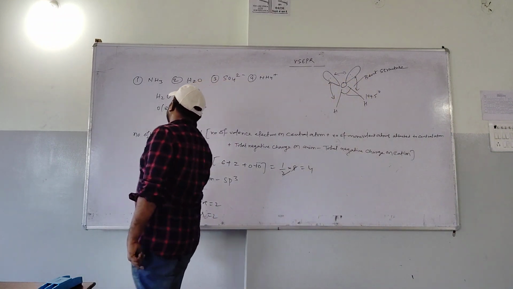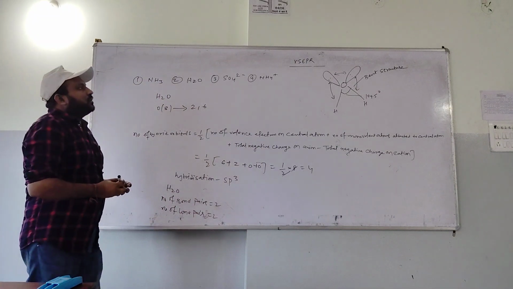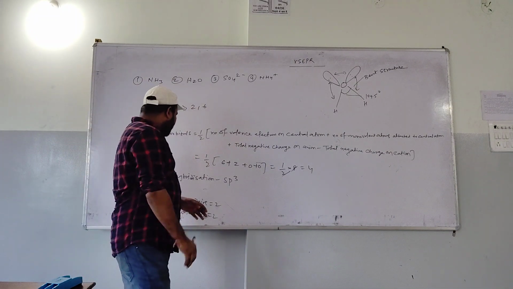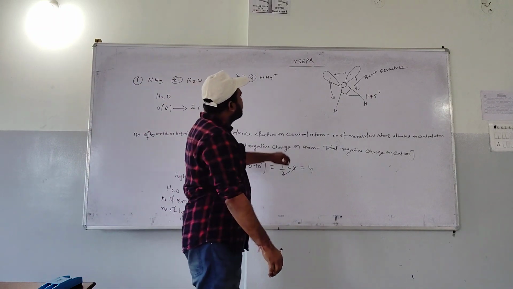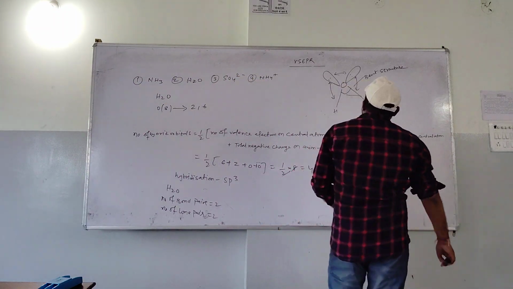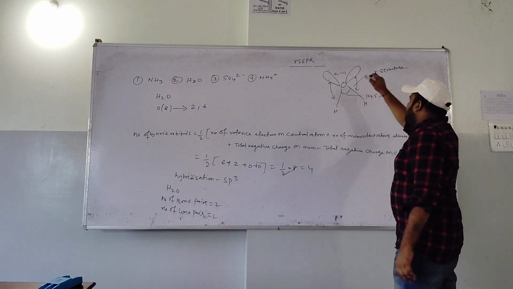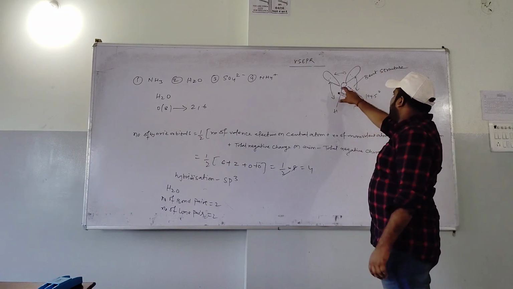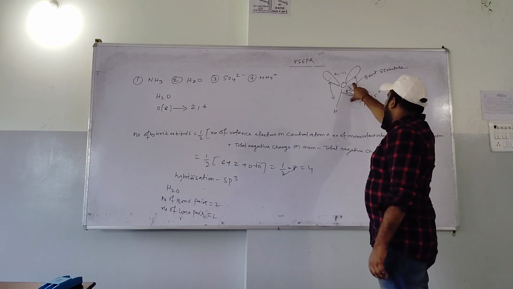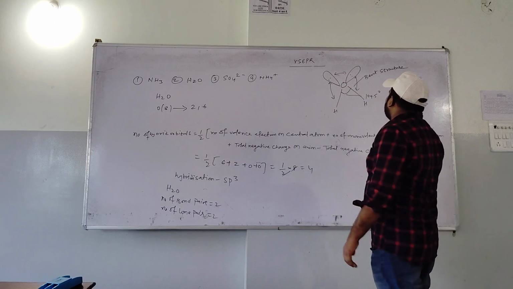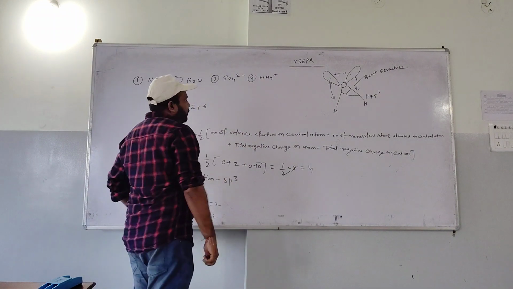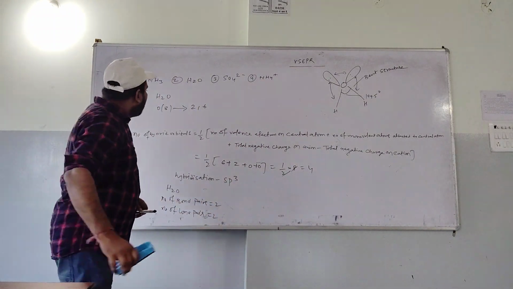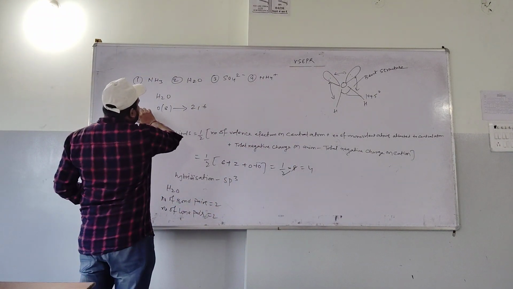Okay. So H2O hybridization sp3, number of bond pairs 2, lone pairs 2, bent structure due to lone pair-lone pair and lone pair-bond pair repulsion, which reduces its angle from 109.5 degree to 104.5 degree. Okay.